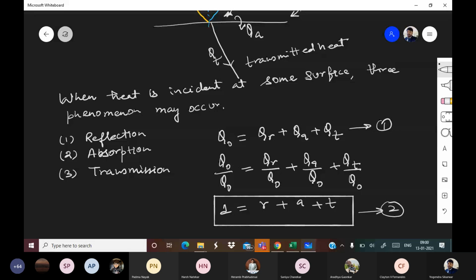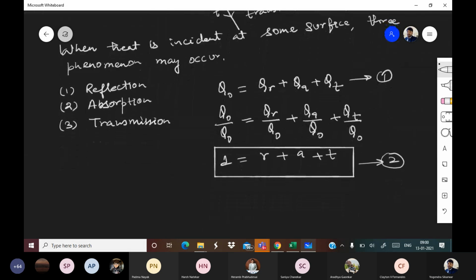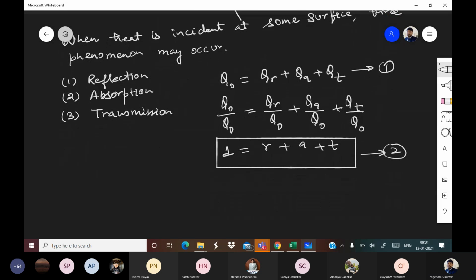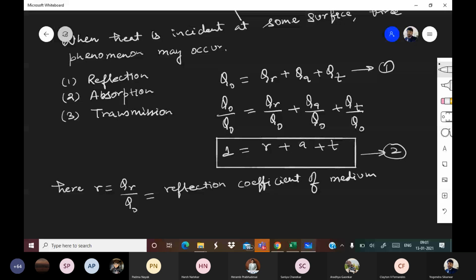Please note. Here R is equal to QR upon Q naught, and that is called the reflection coefficient of the medium or substance.